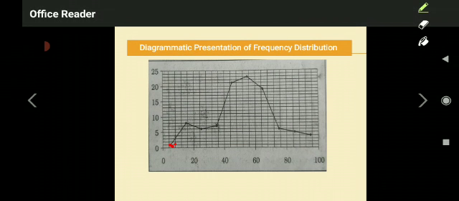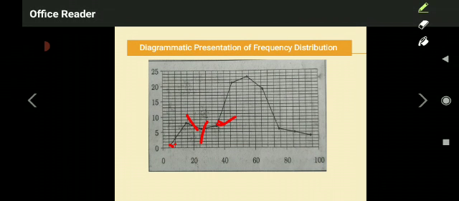Look at the diagram. It shows over here 8 observations in the second class interval between 10 to 20. In the third class interval there are 6 observations. Again it has come down here, 6 observations. Again in the next class interval there are 7 observations.